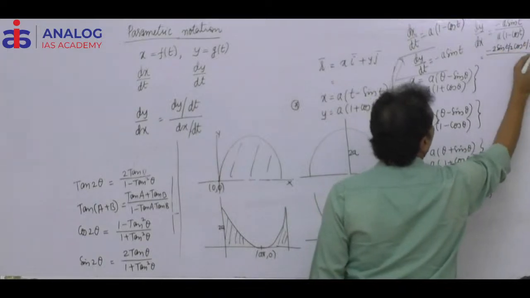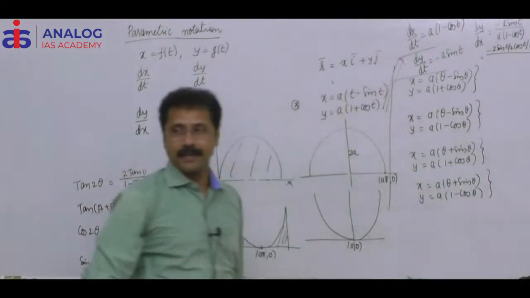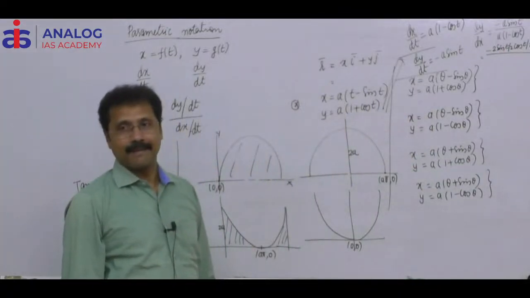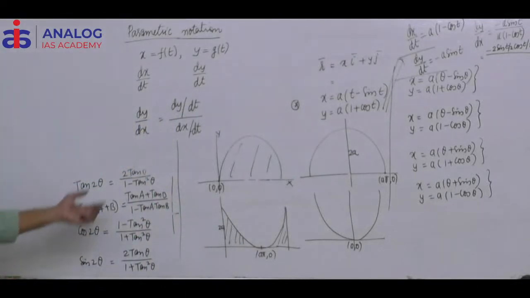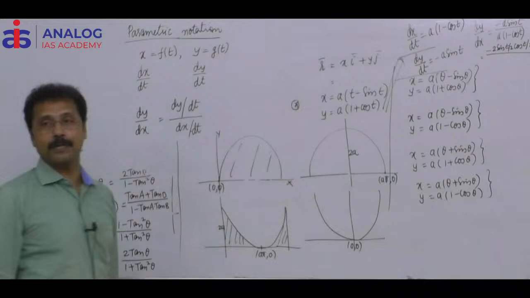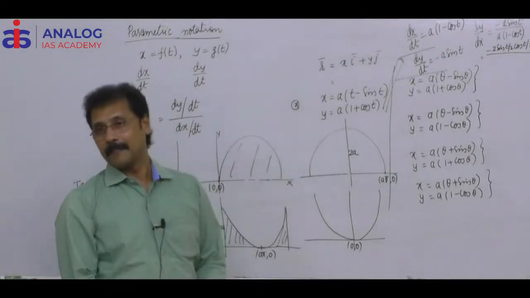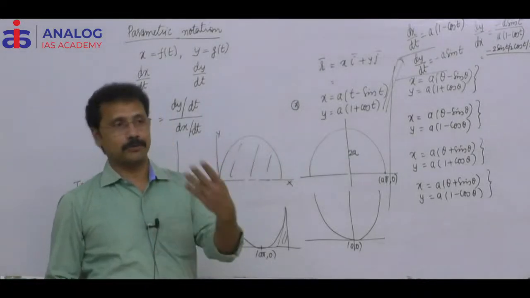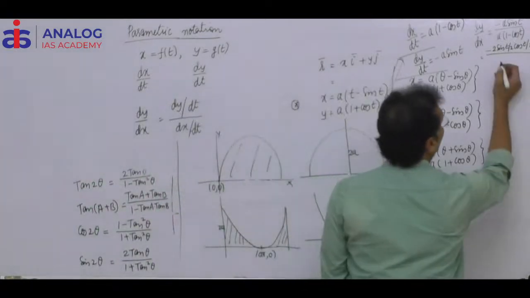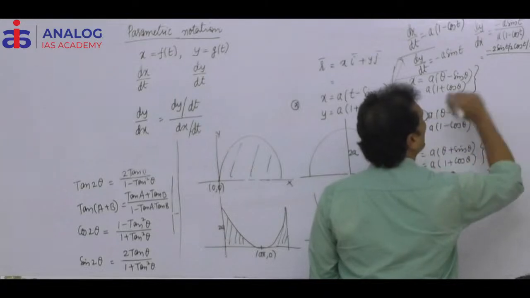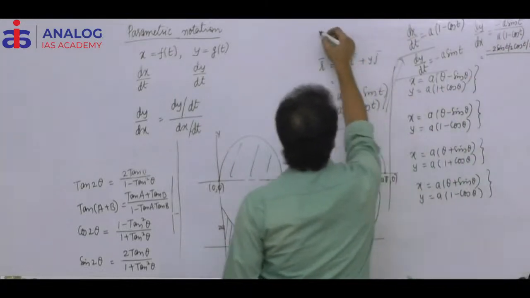Then what is 1 minus cos t, in terms of sin t by 2 and cos t by 2? What is cos 2 theta?